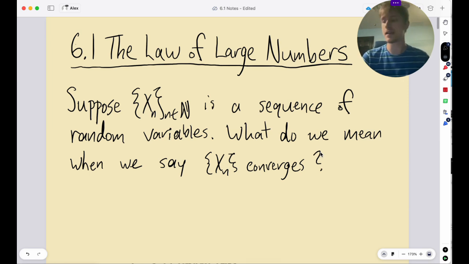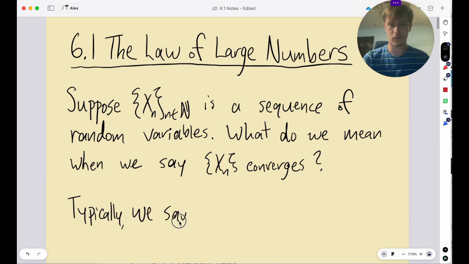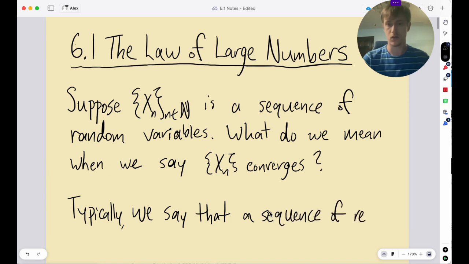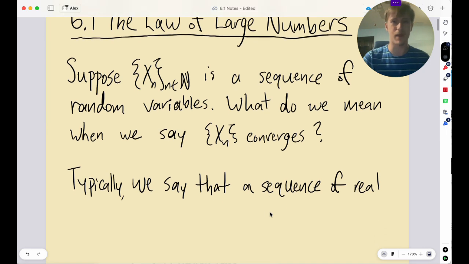Okay, recall in Calc 2, typically we say that we can have a sequence of real numbers, or even complex numbers, depending on the class.